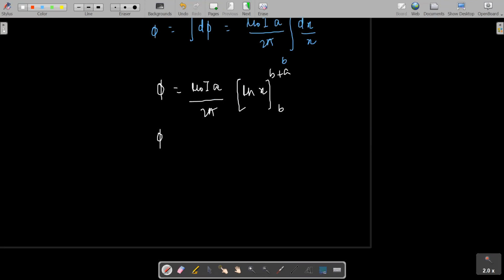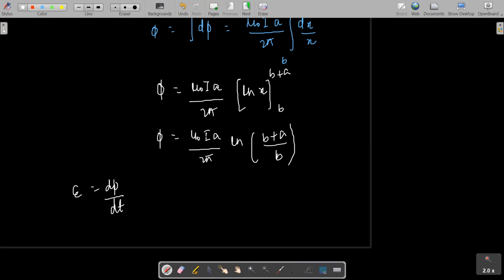So now we can calculate the value of phi here. The value of flux will be mu naught I a over 2 pi into ln of (b plus a) divided by b. This will be the value of flux. Now if we have to calculate the EMF induced, it will be equal to d phi upon dt.